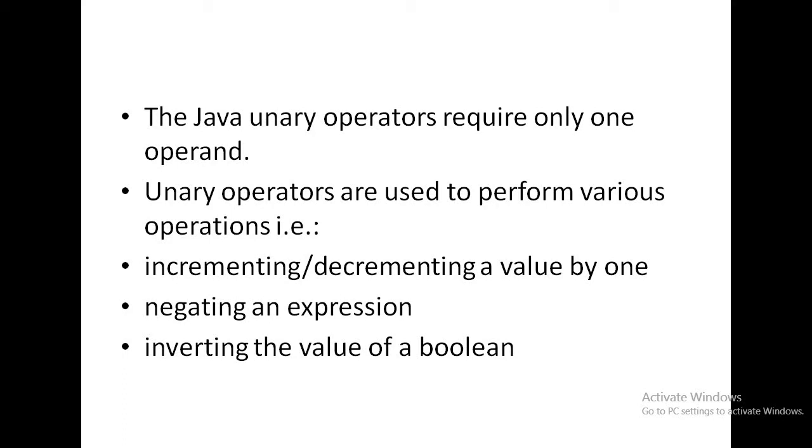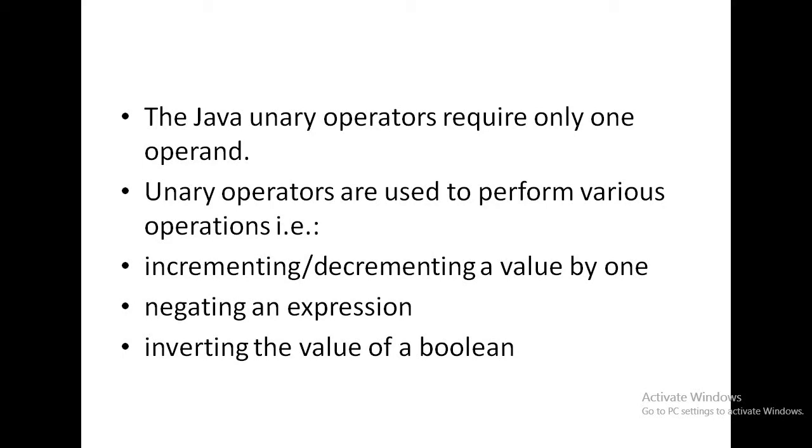Negating means if a value is positive and I want to change it to negative, that is negating an expression. Plus x changed to minus x, plus 5 changed to minus 5, is negating an expression. Only one operand x. So this is my unary operator.